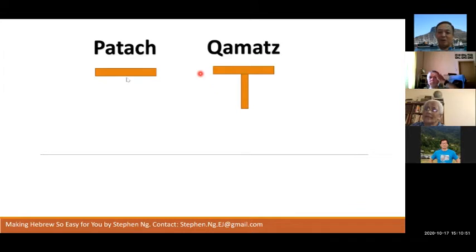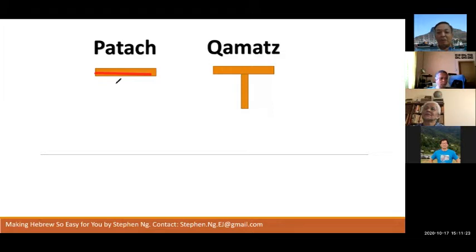So one line is called a patah, and a T like this, like a Halley's comet tail, is a kamats. Now these are two A vowels. What's the difference between a patah and a kamats? A patah takes a shorter time for you to write, one line only, shorter time.